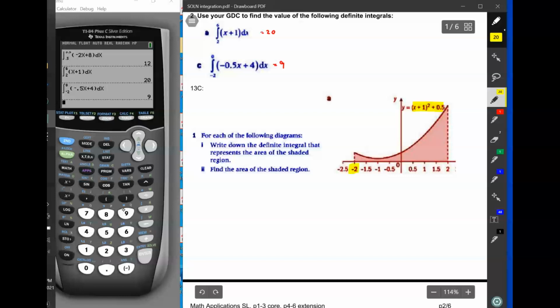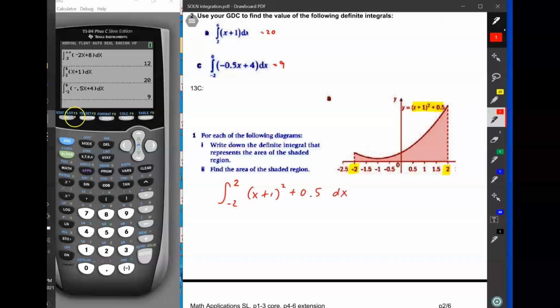The left edge is -2, and the right edge is 2. So I'm going to write the expression. It's going to go from -2 to 2. The smaller number is always at the bottom, or the lesser number. And then the function goes in the middle. And then you put dx at the end.